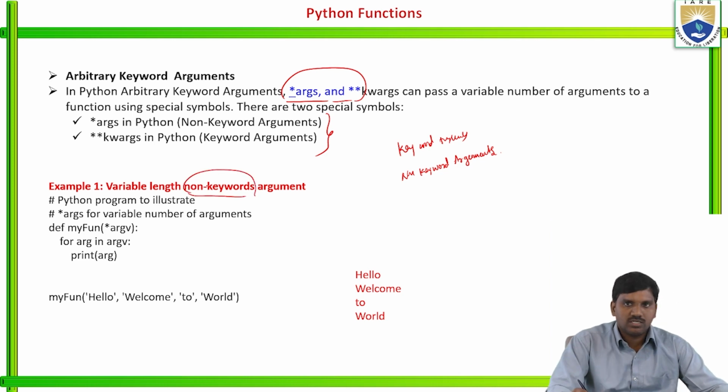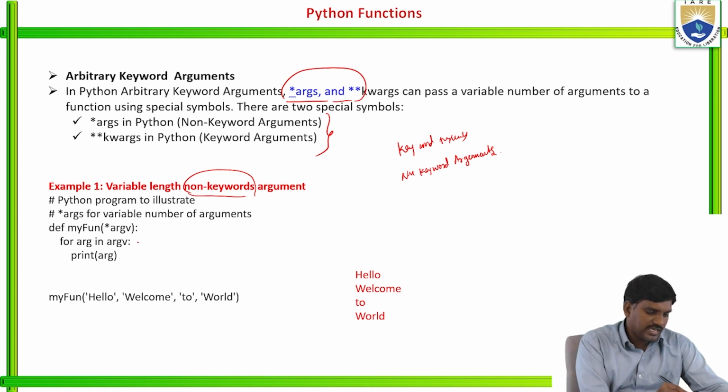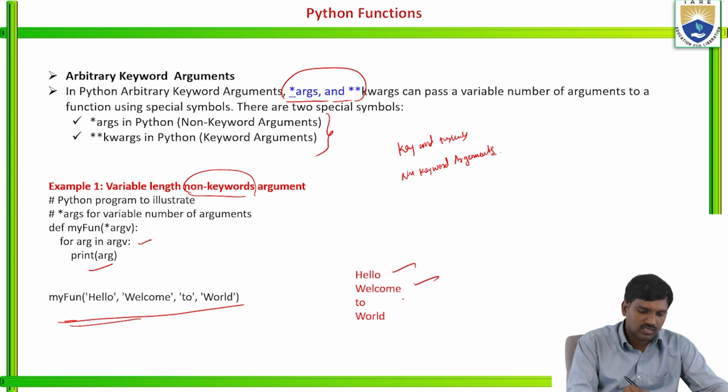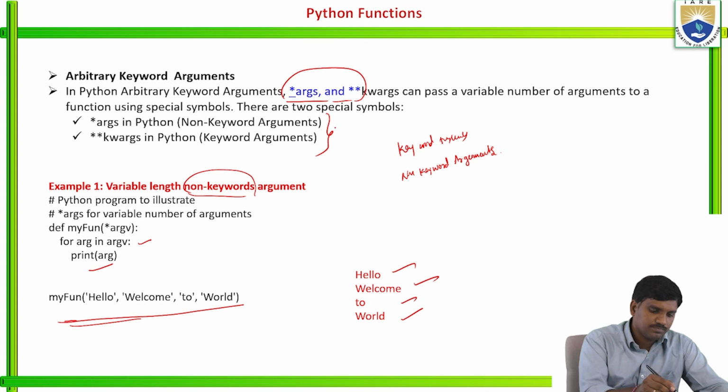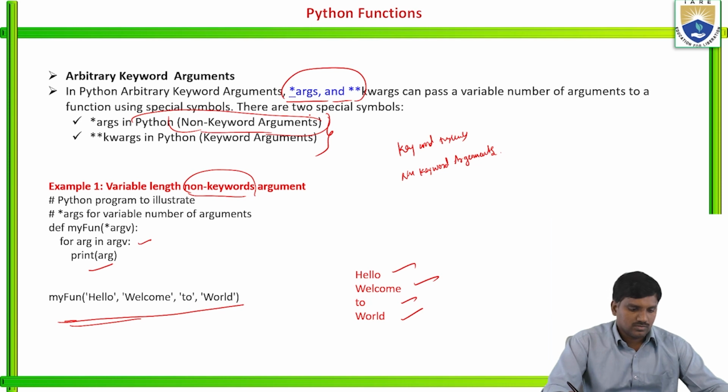The Python program to illustrate *args: def myFun(*argv): for arg in argv: print(arg). So the function myFun is called with Hello, Welcome, to, World. So this is the first type of argument, the non-keyword argument. Here we don't have any keyword to run the program. So this is the non-keyword argument.